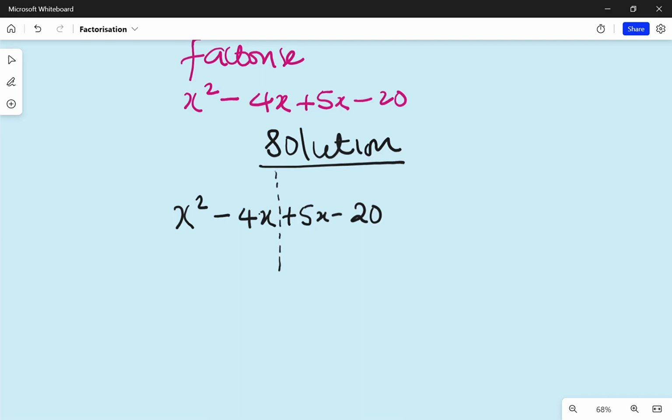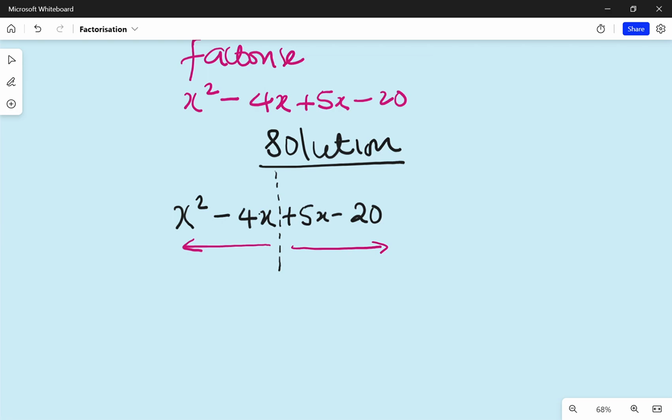I will factorize this side and that side of the expression.